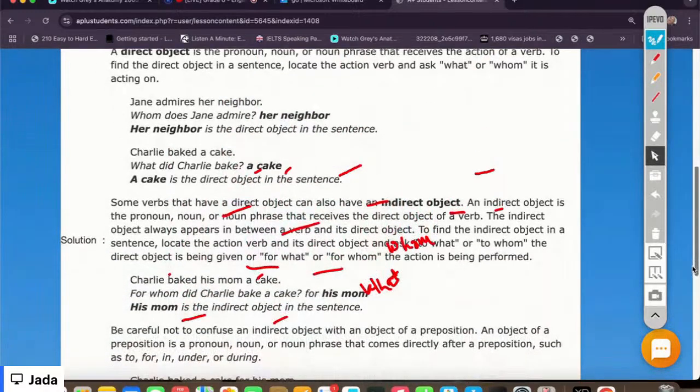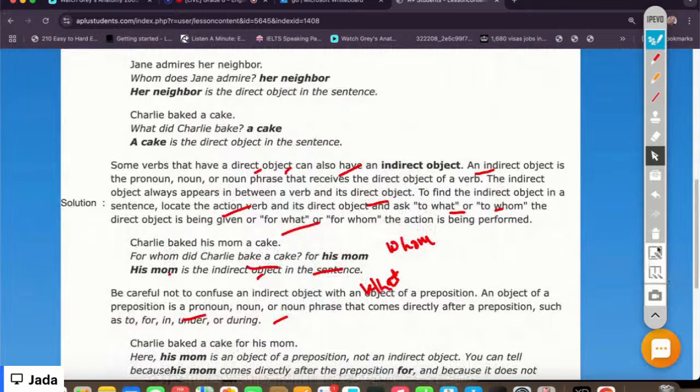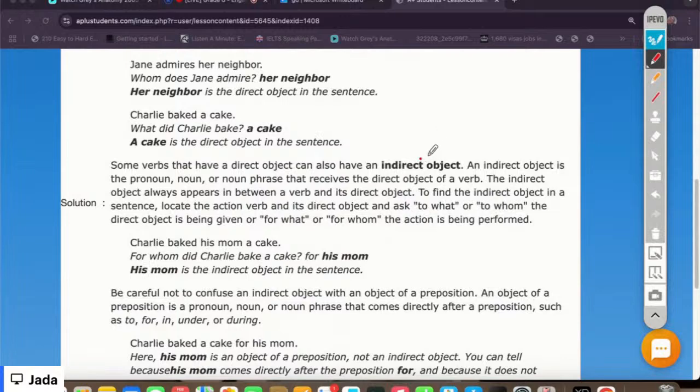All right, so some verbs that have a direct object can also have an indirect object. An indirect object is the pronoun, noun, or noun phrase that receives the direct object of a verb. So it is receiving the direct object of a verb. Now, the indirect object always appears in between a verb and its direct object.